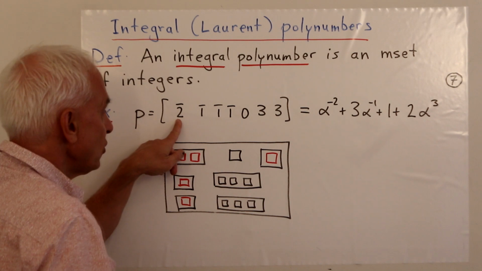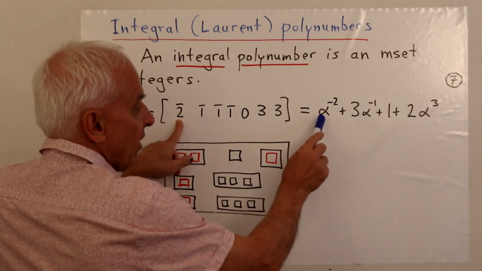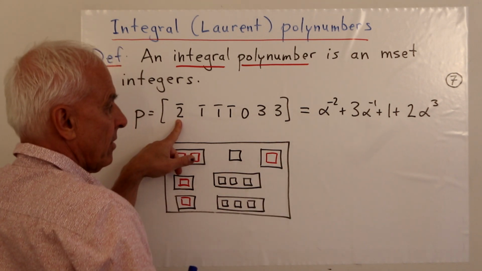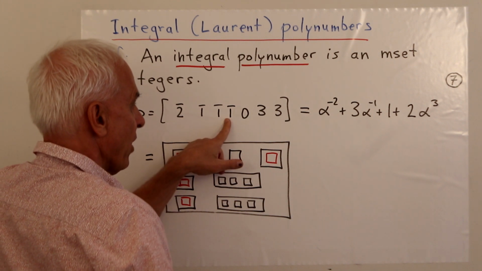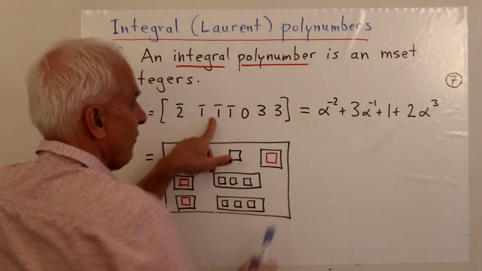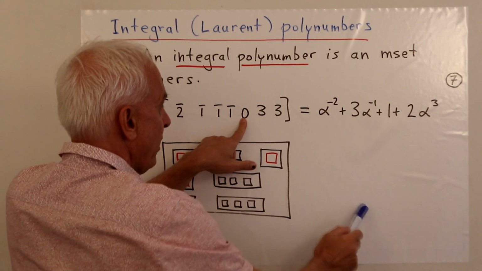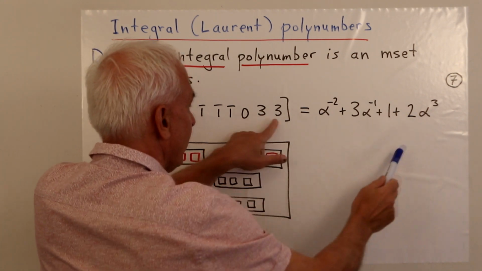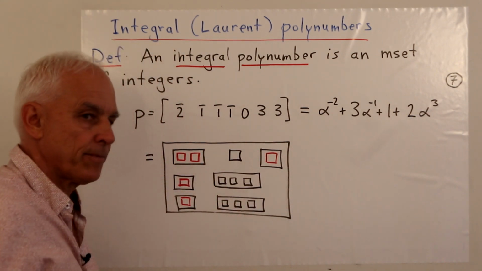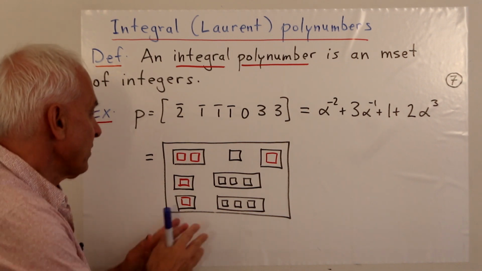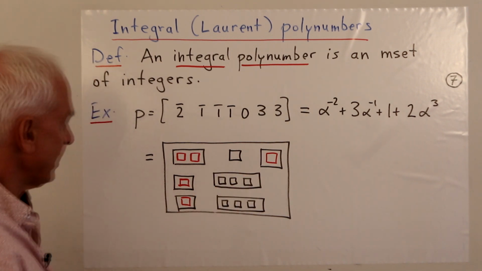So this 2 bar here is giving us an alpha to the minus 2. These 1 bars are alpha to the minus 1. There's 3 of them. The single 0 is a 1, and these 2 3's give us 2 alpha cubed.